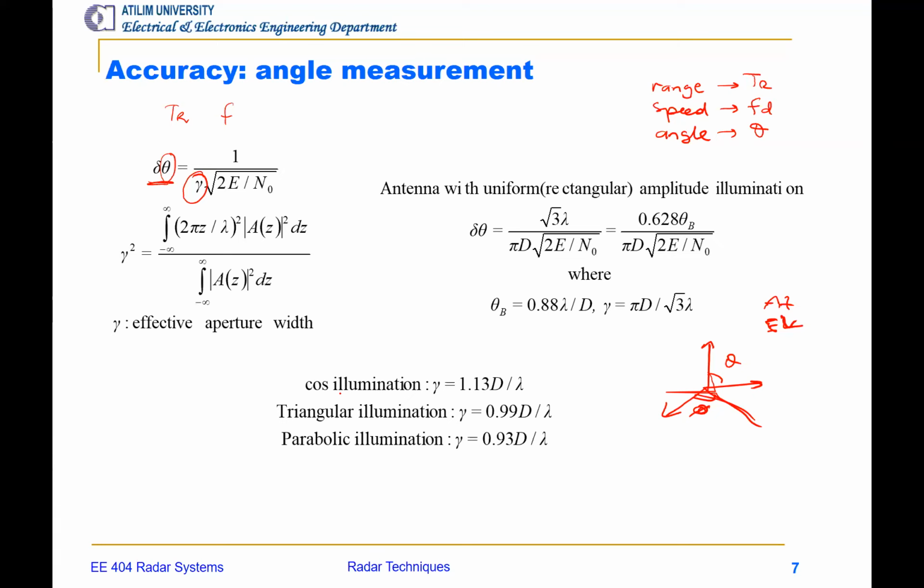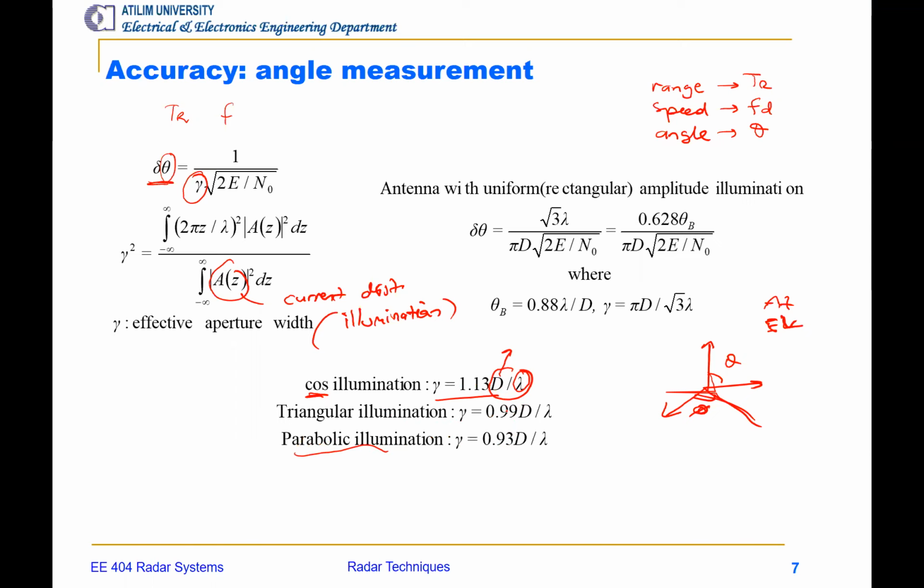And there are several different distributions of currents. Here, A of c is the current distribution or illumination. For cosine type illumination, gamma becomes 1.13 d over lambda. Here d is the size of the antenna, lambda is the wavelength, as you know. For triangular illumination, it is smaller, and for parabolic illumination, it has a minimum.